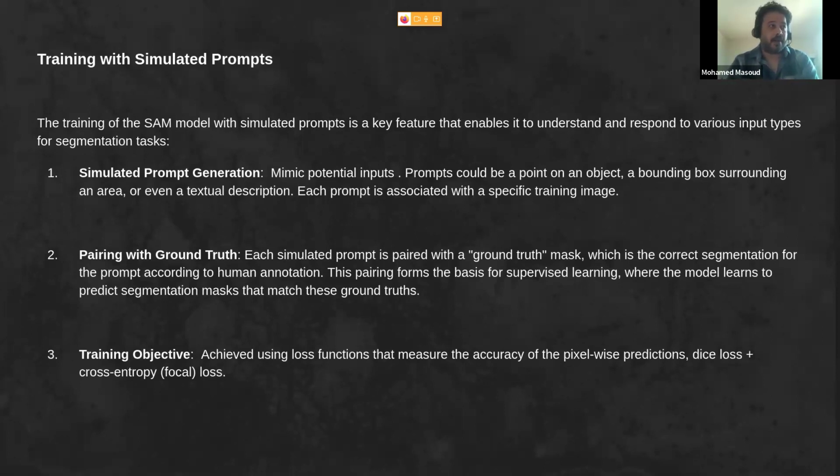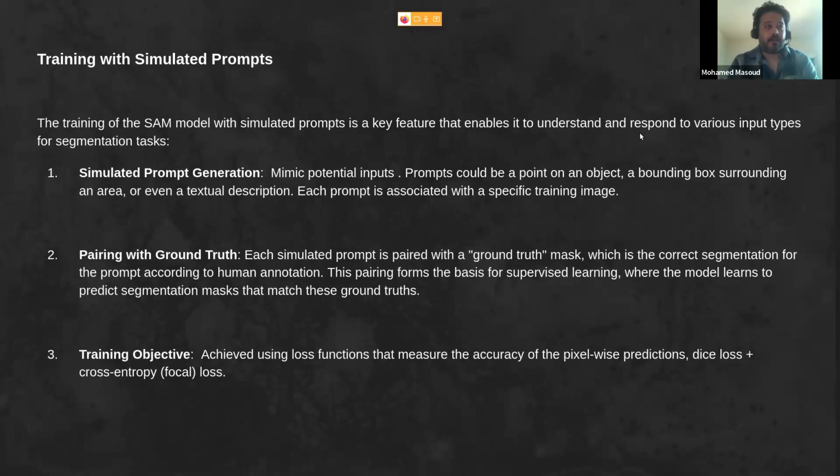This is the part they use during the training stage of the SAM model. SAM here is the abbreviation for the Segment Anything Model. Again, they have the ground truth masks, and they use all this in a supervised way to train the model.